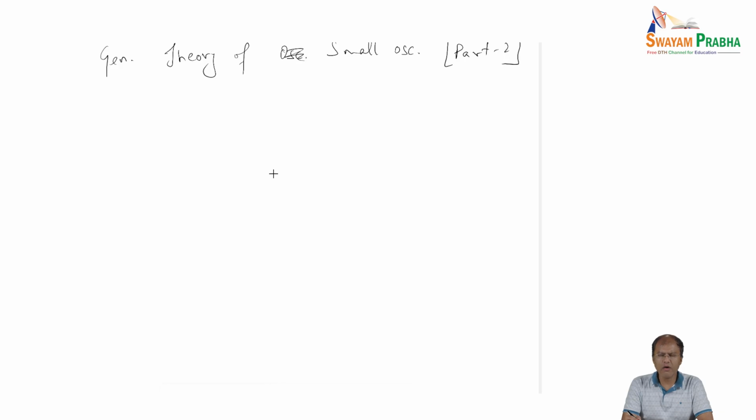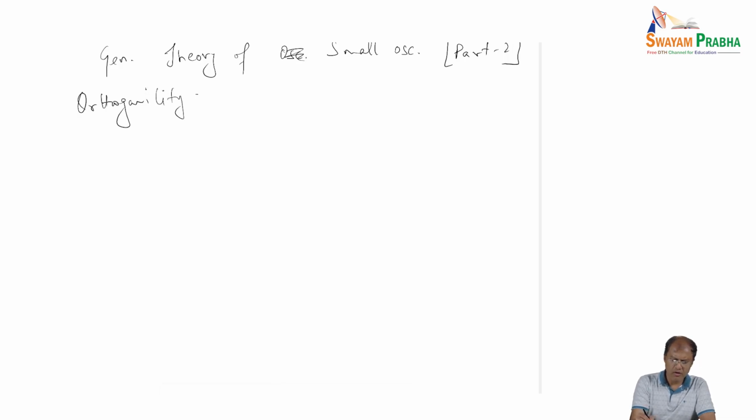So what we look at now is, in the previous set of few modules, we had found out what the normal modes and normal frequencies are. Now we will look at specific cases of normal modes which are orthonormal. First, let us talk about the orthogonality of normal modes.